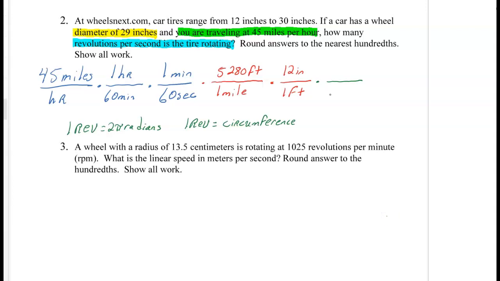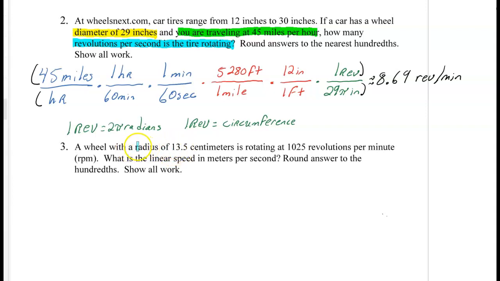So we could use circumference is equivalent to 1 revolution. So the circumference is 29 pi inches, and that is equivalent to 1 revolution. When you type this in your calculator, again, putting parentheses, you get approximately 8.69 revolutions per minute.